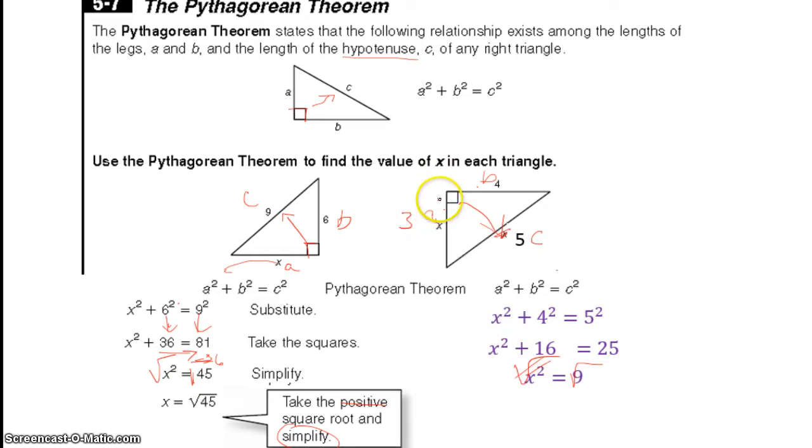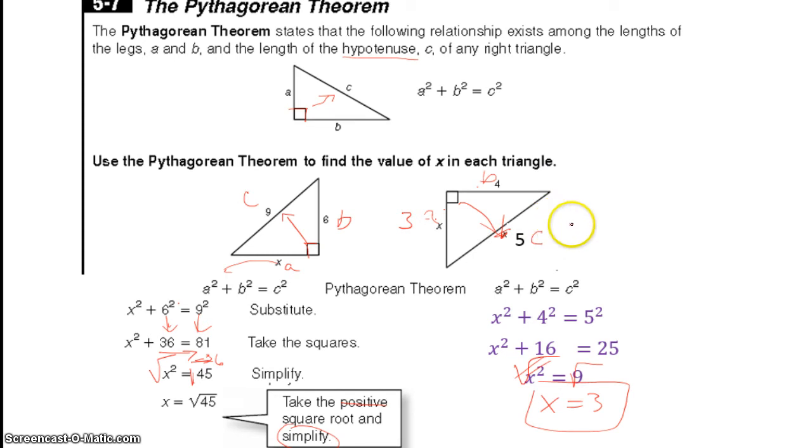And you notice that we have a 3, 4, 5. When we took that square root, we ended up with x equal to 3, which is a whole number. This is an example of a Pythagorean triple.